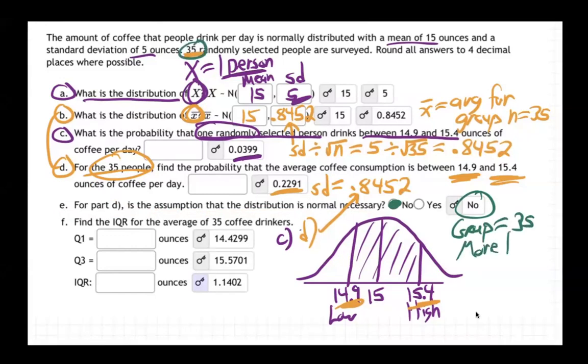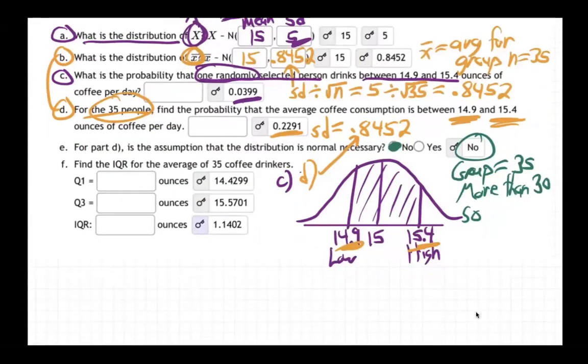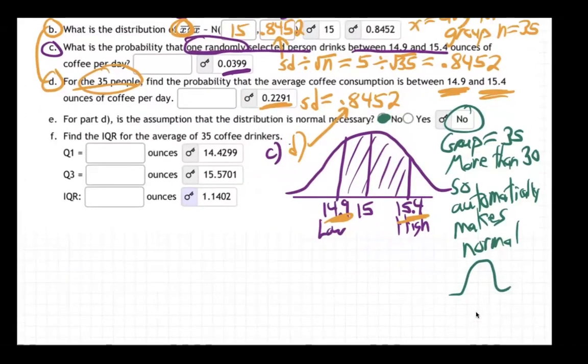That's more than 30, and so it automatically makes everything normal, a bell curve. So we do not need to be told it's a normal distribution. That's in the notes.